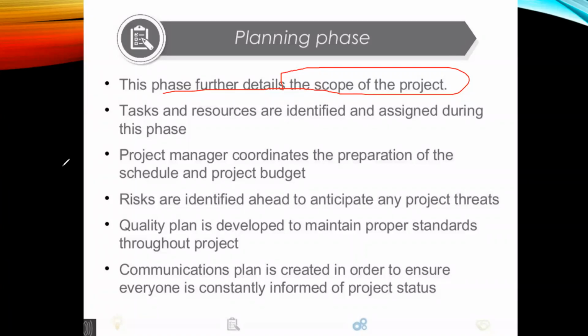This is where the plan is made up. And more importantly, this is where the tasks and the resources are identified and assigned. So if you are, let's say, a human resource employee, someone who's participating in this project in this phase, this is where the tasks are being distributed.